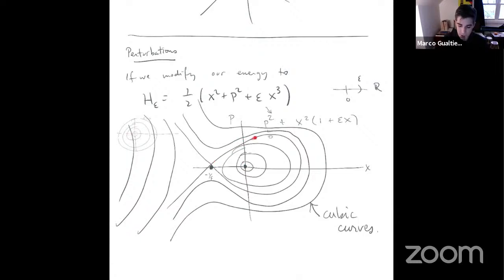And you have this particular value of the energy, that if you put enough energy into the thing, it will be on this singular level set, this level set that crosses itself. And then, well, you can think about what that means about the motion.